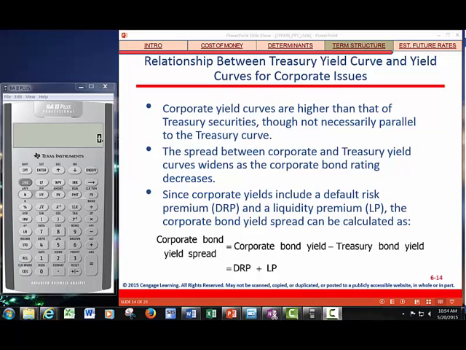Keep in mind that when I say that the spread, which means the difference between the corporate yield curve and the Treasury yield curve, widens as the corporate bond rating decreases, it's because when a corporate bond rating decreases, that means it's getting closer to a lower quality bond, and that company has to pay more interest expense. It'll have a higher interest expense rate than other types of companies. And so that would make the difference between the two larger.